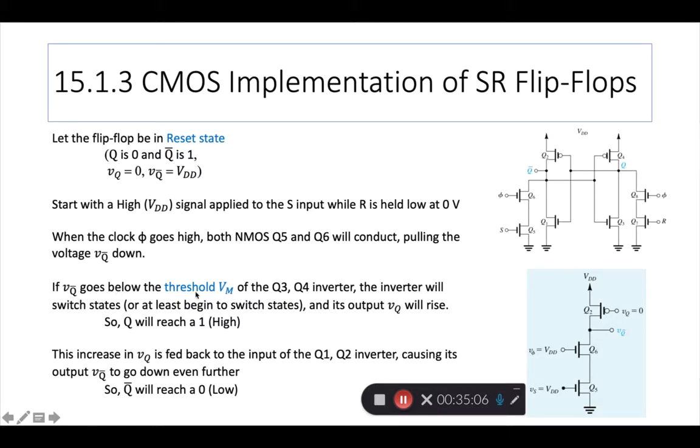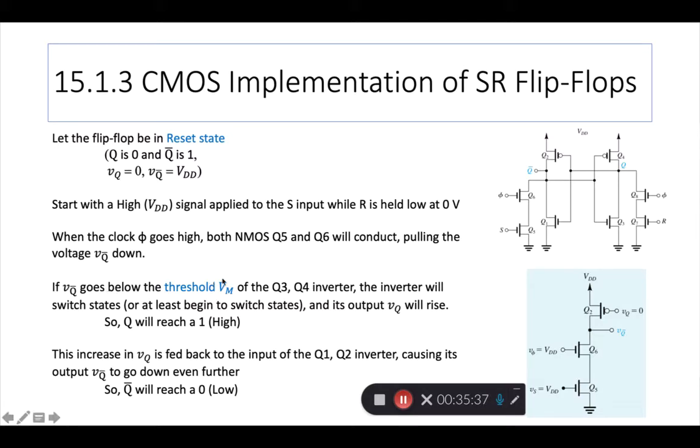If VQ bar goes below the threshold of Q3 and Q4, now this Q bar is also connected as the input of the inverter Q4, Q3, right? Remember Q3 and Q4, they have a VM. We studied this previously. It's when the inverter switches, right?